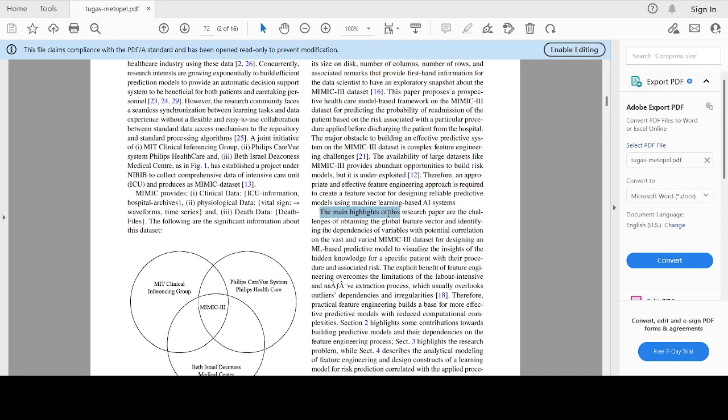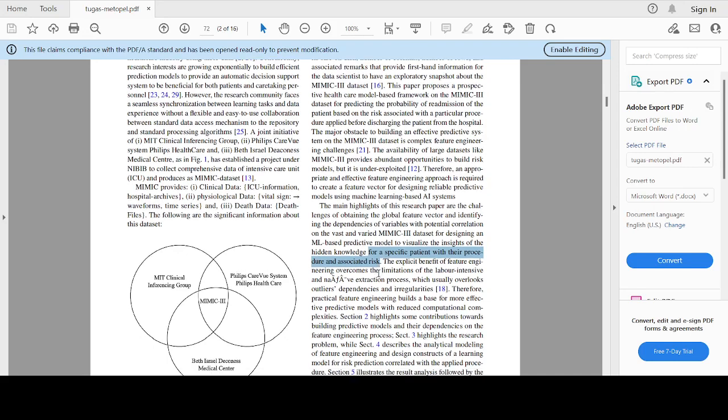Okay, the main highlights of this research paper are the challenge of obtaining the goal feature factor and identifying the dependencies of variables with potential correlation on the vast varied MIMIC-3 dataset for designing an ML based predictive model to visualize the insights of the hidden knowledge for a specific patient with their procedure and associated risks.